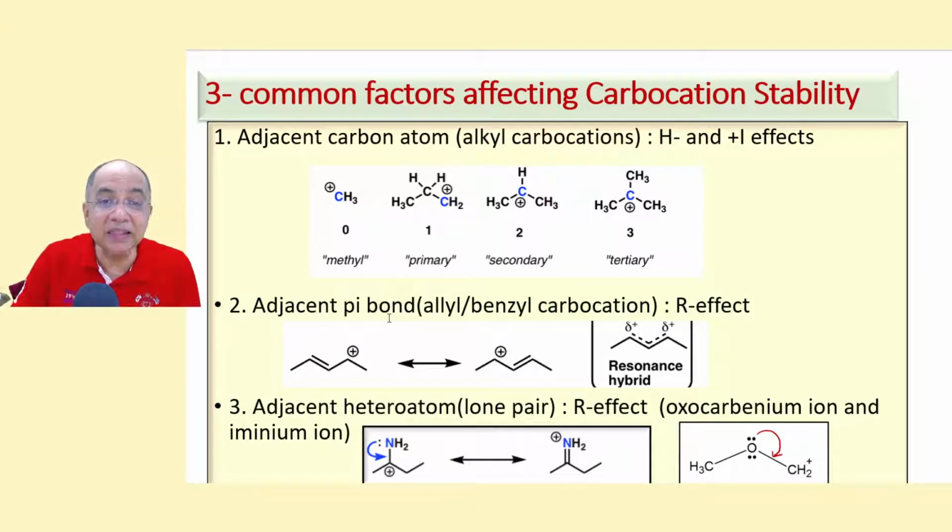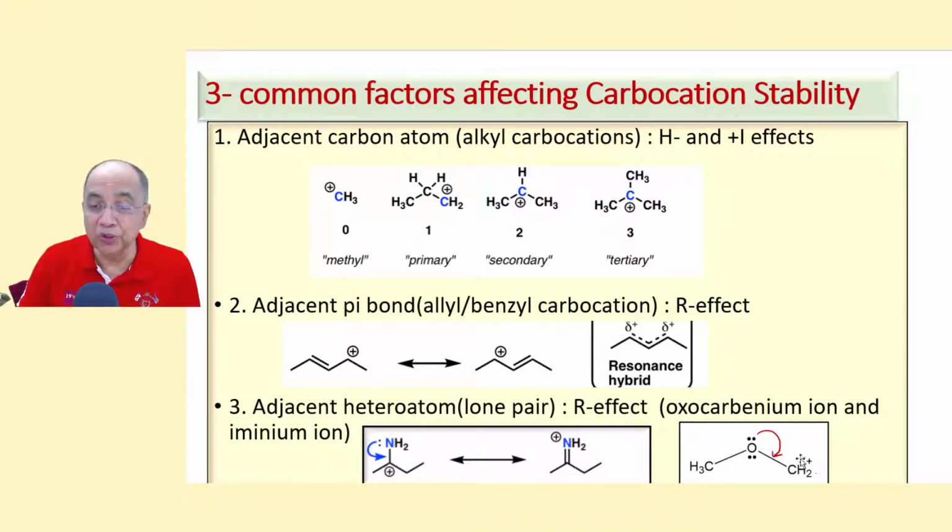Then adjacent pi bond resonance. If there is a pi bond next to the positive charge, away from the positive charge by one single bond, then it is resonance, allyl and benzyl. And third one is the lone pair resonance stabilization. Positive charge next to a heteroatom. That is iminium ion, and this is oxo.